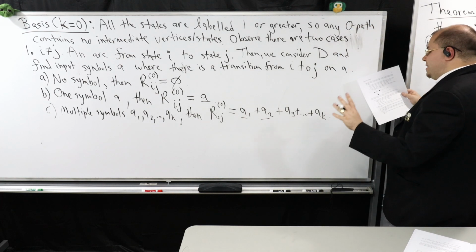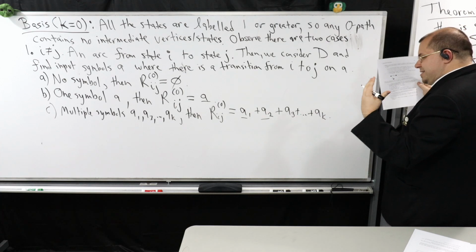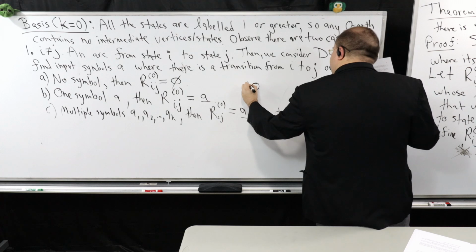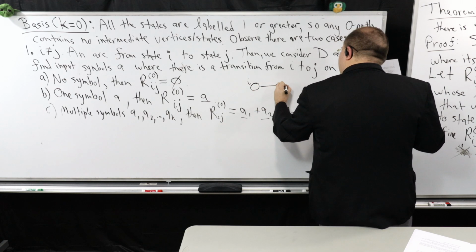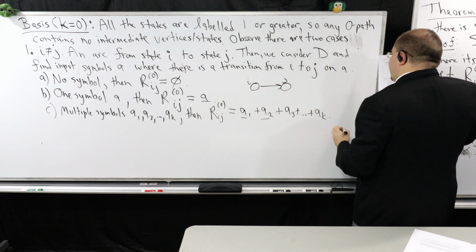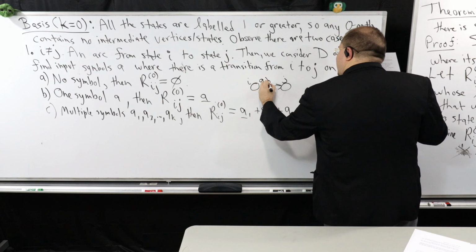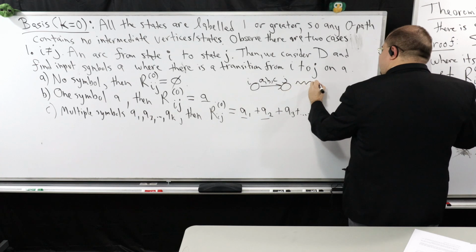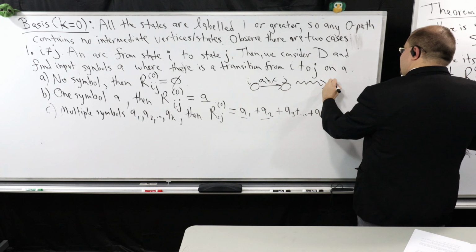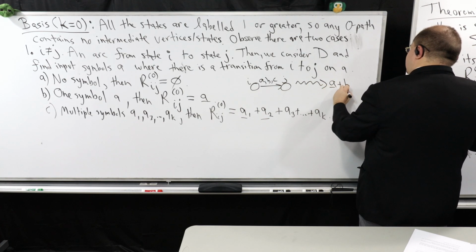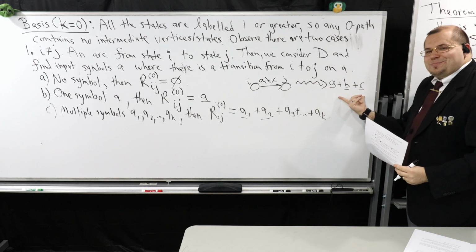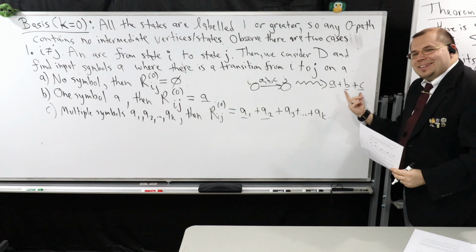To make it a little easier, if you need to see this as a picture, if you have a state i and a transition to j, and say the symbols are A, B, and C, you could rewrite this as the following expression. I just take the symbols and perform the union on them.